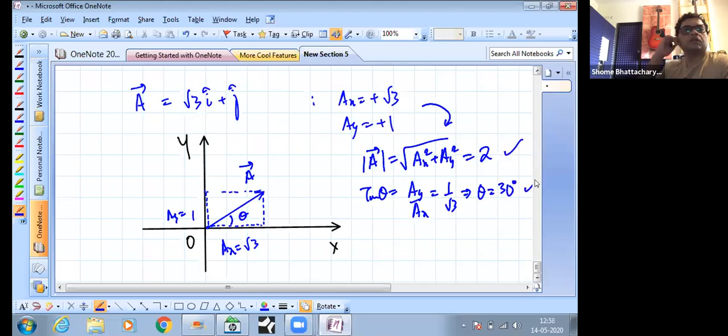So this same method we have to apply for each of the vectors. Given the vector in component form, we will first draw it and understand which quadrant it is lying in, and then we will solve using trigonometry.